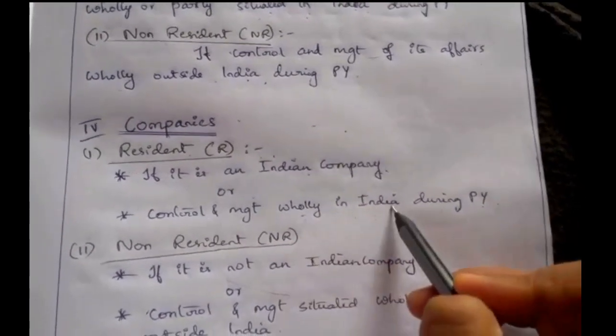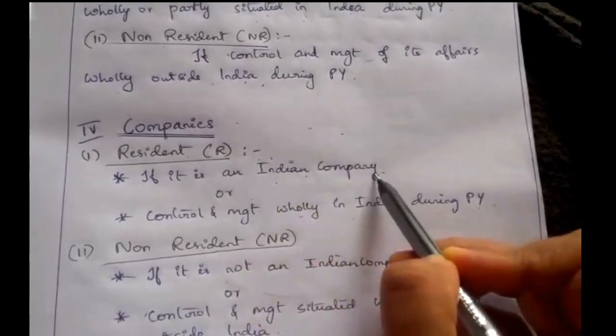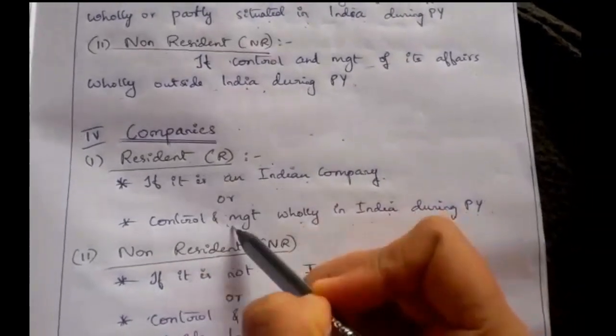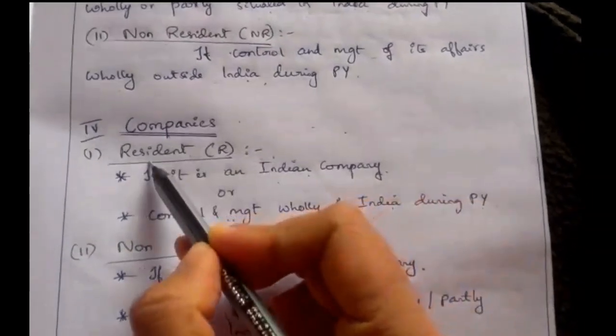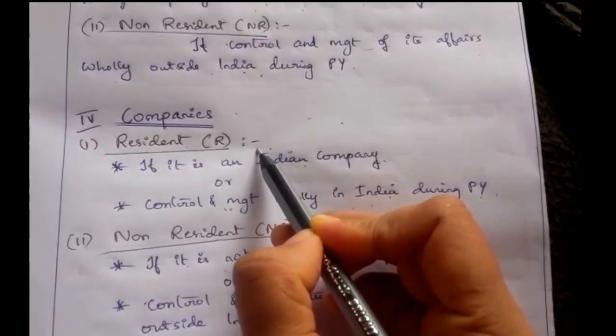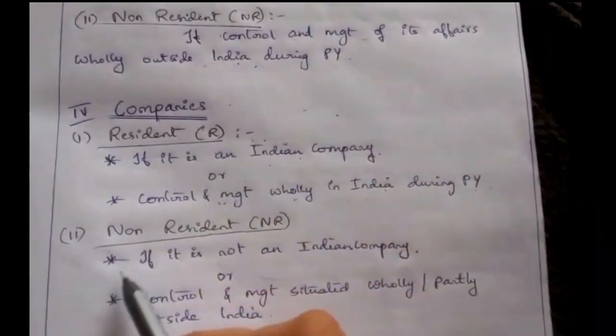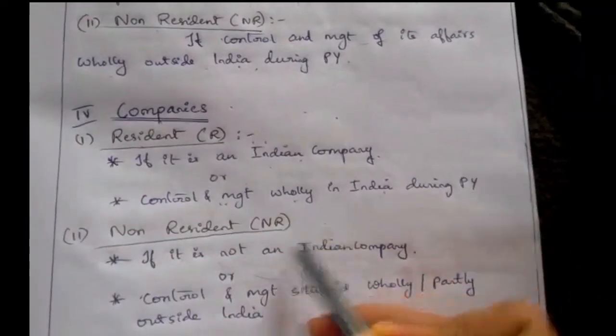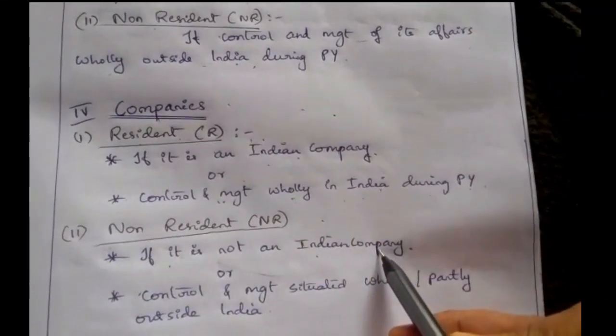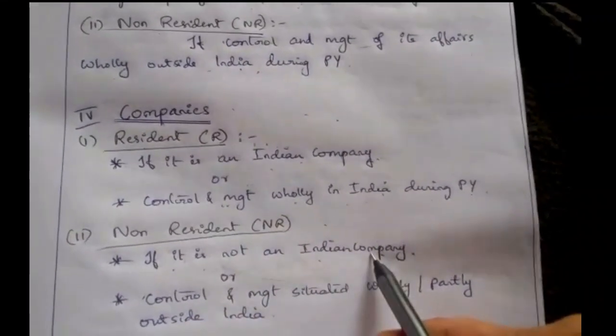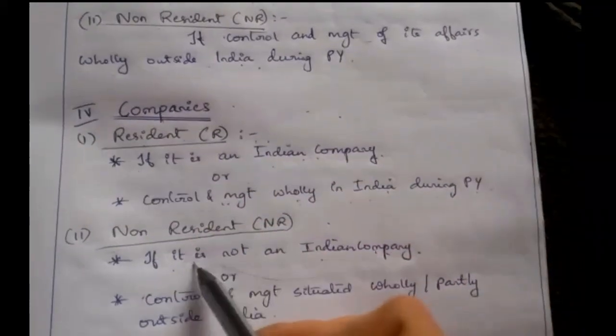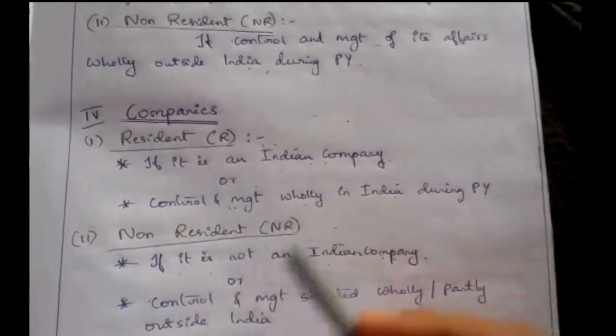If any one of the conditions is satisfied, then it is a resident company in India for the previous year. Next, non-resident. If it is an Indian company, then resident. If it is not an Indian company, they are non-resident.